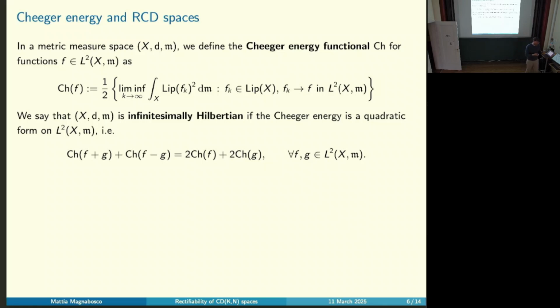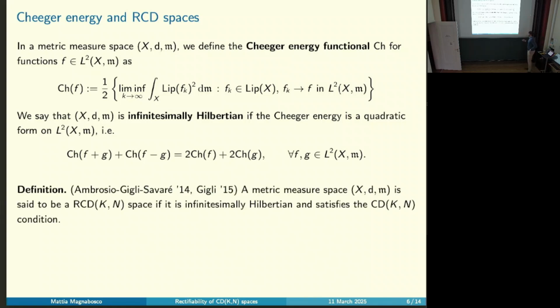The point is that this Cheeger energy functional is the metric analogue of the Dirichlet energy functional, so 1/2 the integral of the norm of the gradient squared. And yeah, so in nice metric measure spaces, it's possible to define this Cheeger energy functional, which is a replacement of the Dirichlet energy. And with this, we can define infinitesimal Hilbertianity, which basically only asks the Cheeger energy to be a quadratic form on L2, so the Cheeger energy to satisfy the parallelogram identity for every pair of functions in L2.